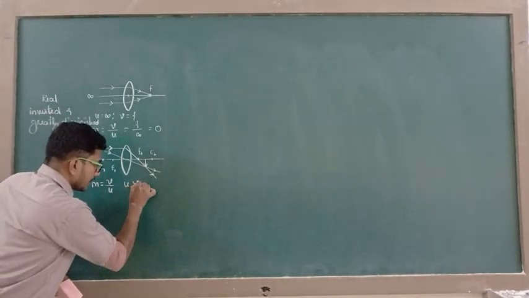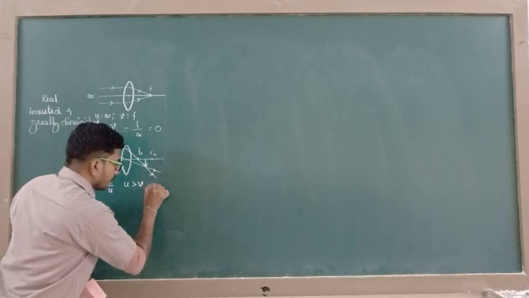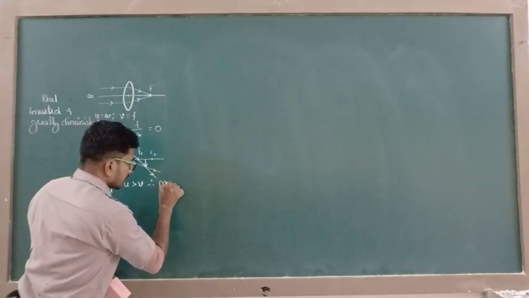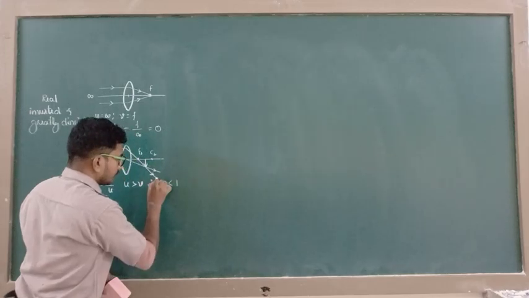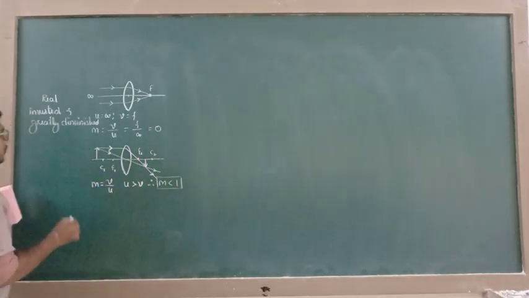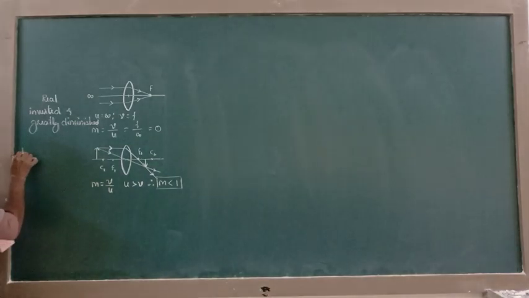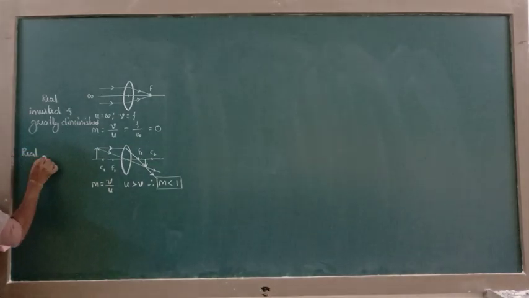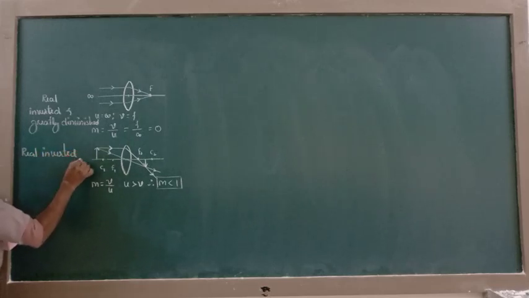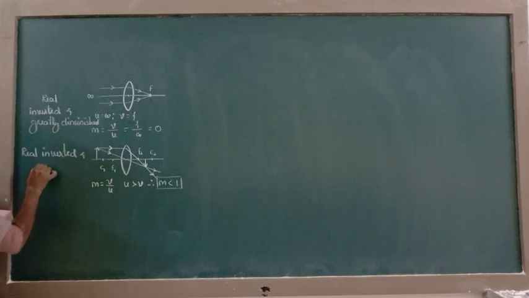U is greater than V, therefore M is less than 1. So nature of the image: real, inverted and diminished.